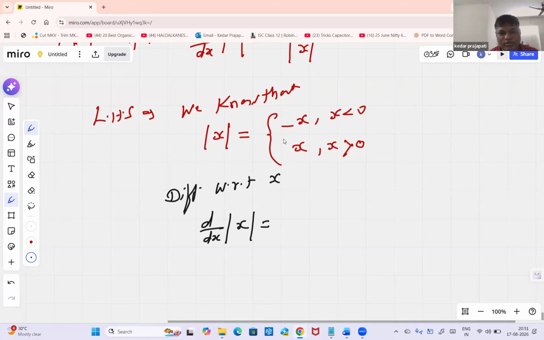Differentiation of minus x will become minus 1 only, right? Differentiation of x will become 1 only, right? You have to represent it with the condition.